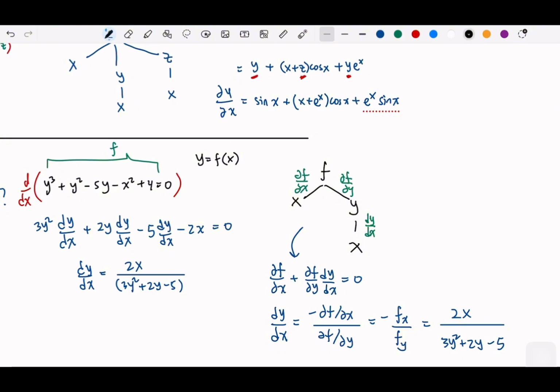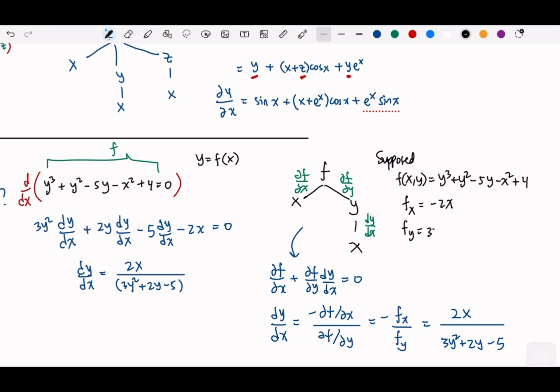Let me write here that suppose, and the condition that needs to happen is when this equals 0.